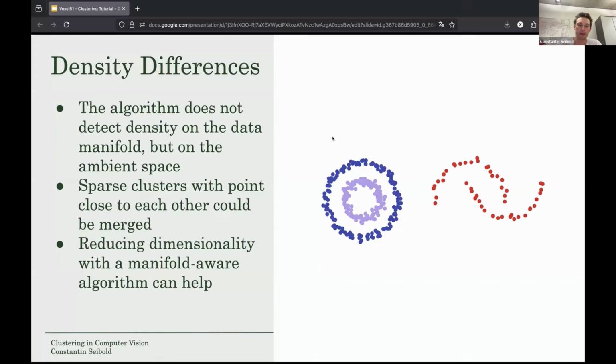If you have sparse clusters, you might merge them, even though in a visualization, you can imagine that they should not be merged. Similarly to many of these methods, you can apply dimensionality reduction methods to get a more manifold aware type of solution, but this also comes with downsides.